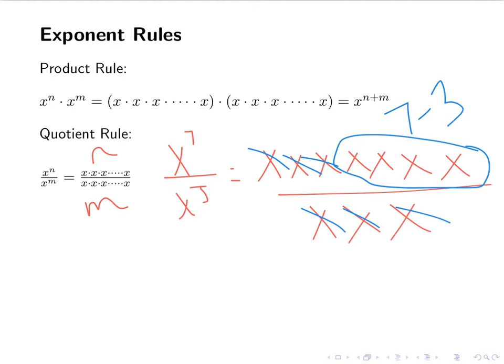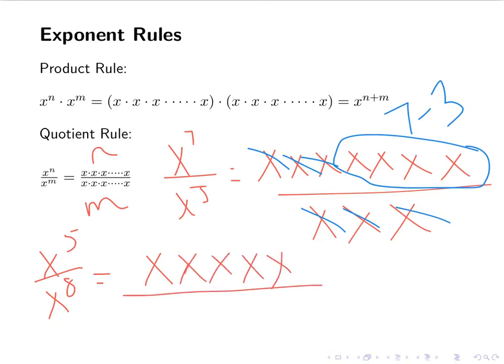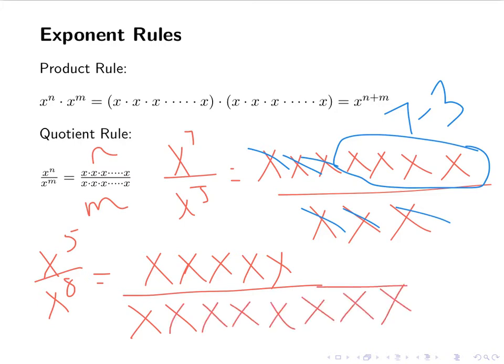Now if I have a bigger number on the bottom, then I'm going to have something that looks like this. I have 5 x's on top. I have 8 x's on the bottom. And then when I go to cancel them, I still have x's on the bottom.